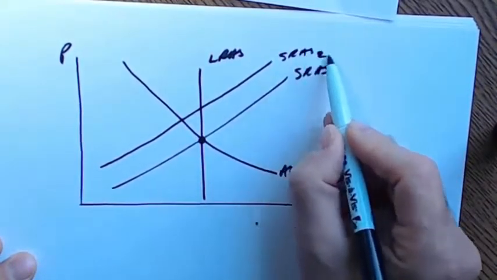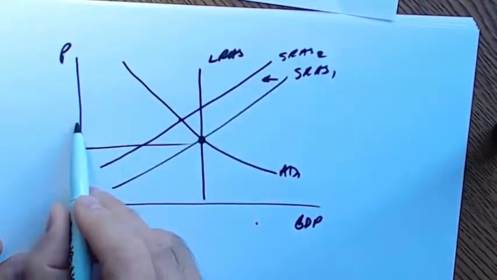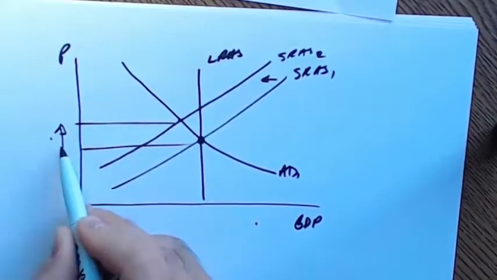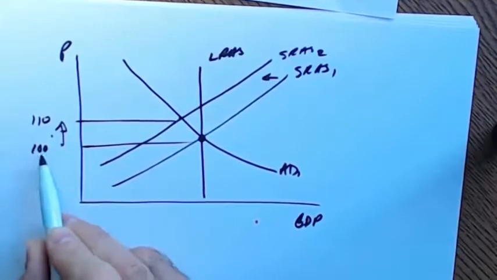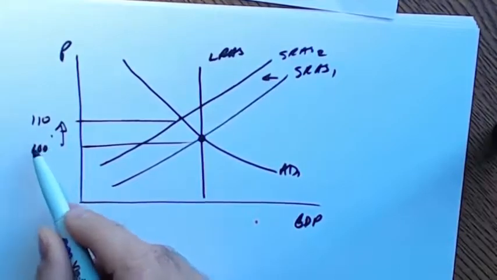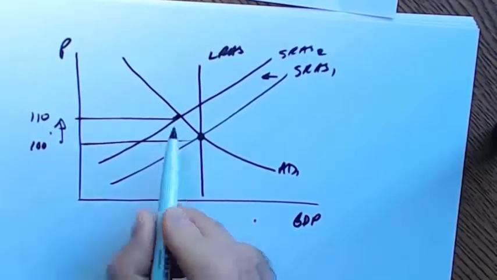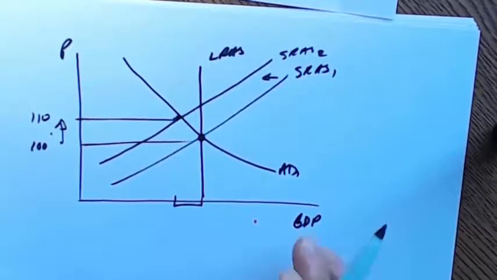The short run aggregate supply curve moves in. We get a higher price level, and a higher price level means inflation. You don't get from a CPI of 100 to 110, say, without having a 10% inflation rate. That's the definition of inflation. Not only do we have higher inflation, but we have a recessionary gap right here. And boy, that's two bad things going on. That's why negative supply shocks are the worst.